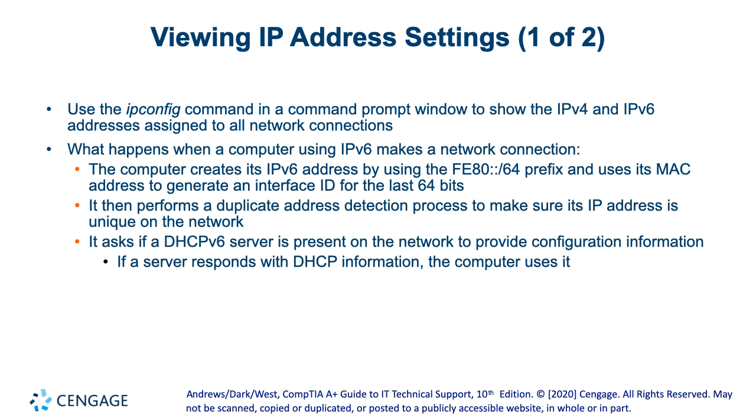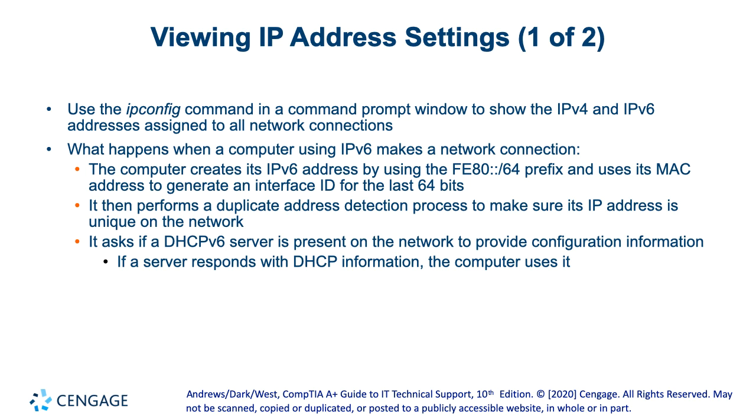You can use the ipconfig command from the command line to display your current IPv4 and IPv6 addresses. For IPv6, it generates its link local IP address by using the network card's MAC address and adds that for the last 64 bits of the IP using the FE80::/64 prefix.